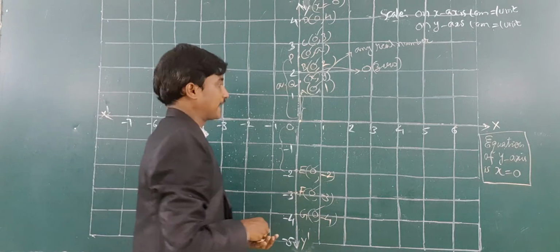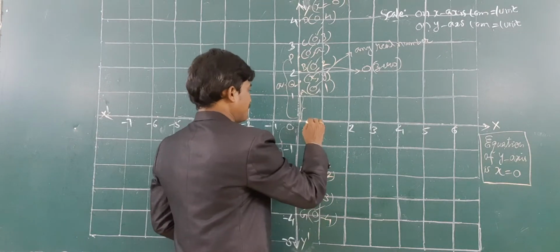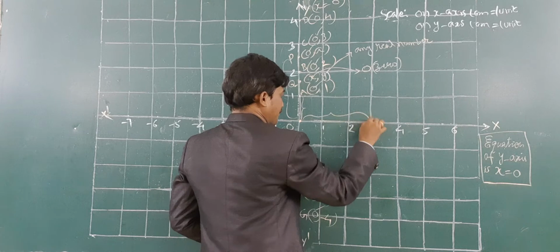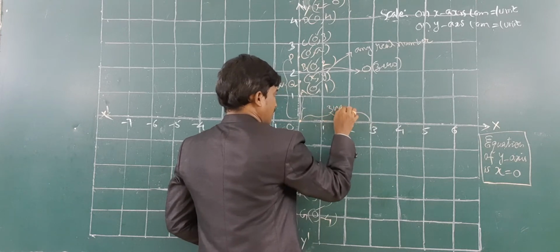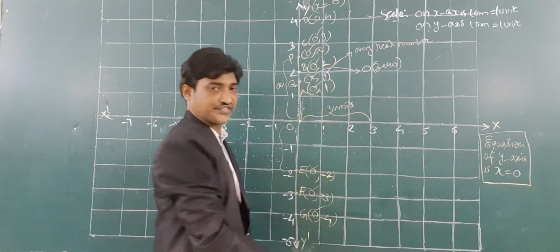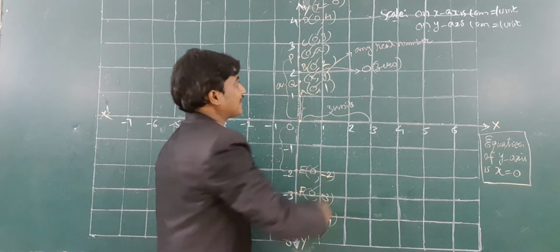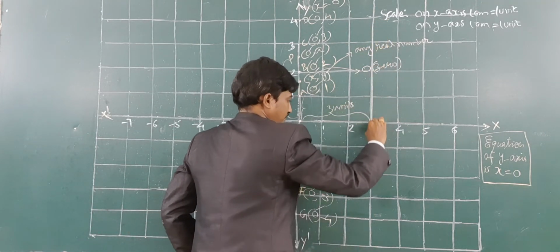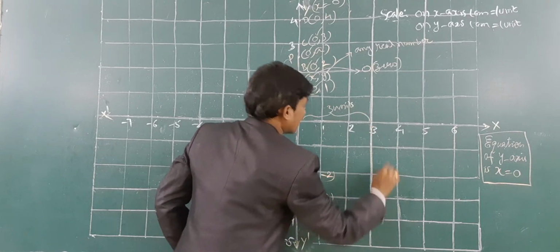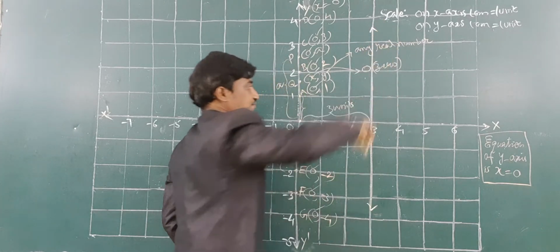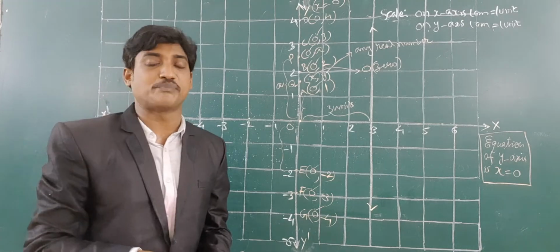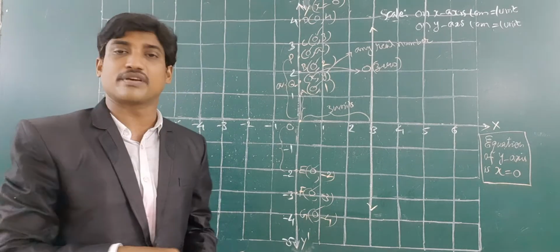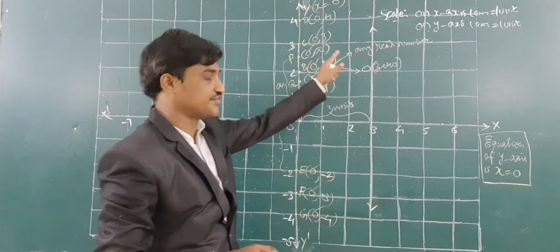I am taking a line which is at a distance of 3 units from y-axis and parallel to y-axis. Let us observe the behavior of the points on this line.